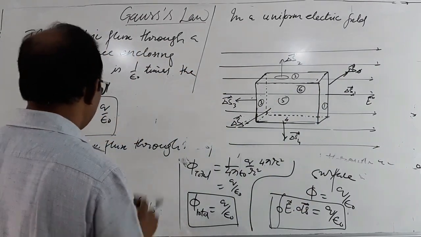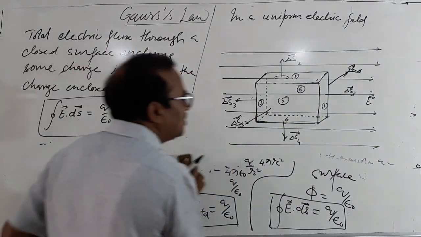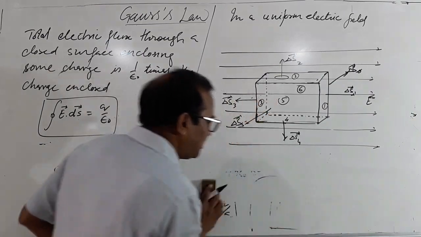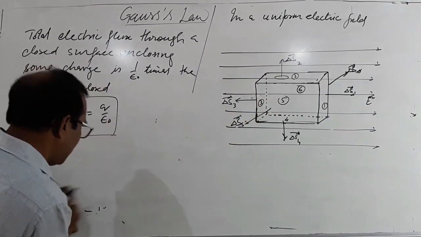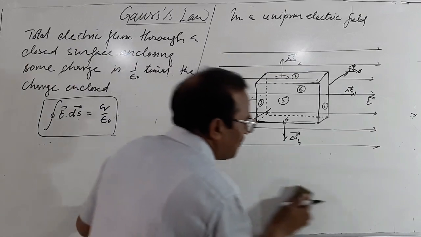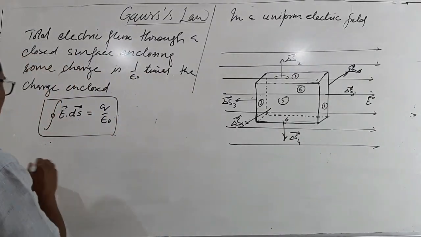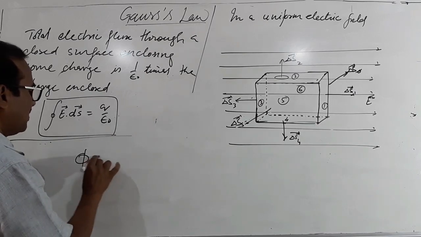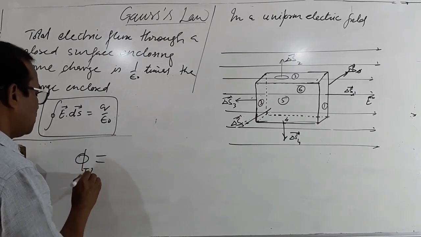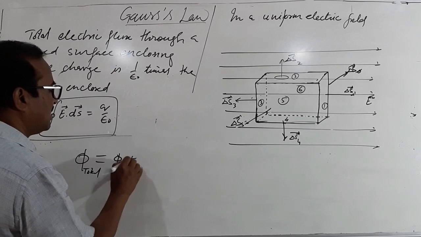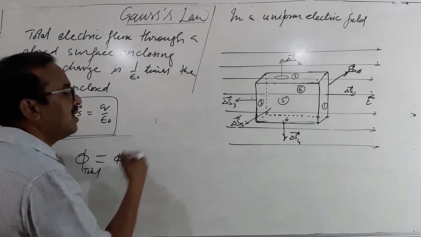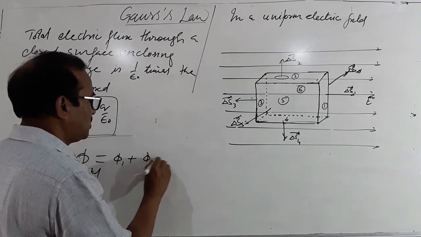So to calculate flux, what do we do? We calculate the flux through each face, and the total flux we obtain by adding the flux through all faces. So the total flux is phi 1, flux through face 1, plus flux through face 2, face 3, face 4, face 5 and face 6.